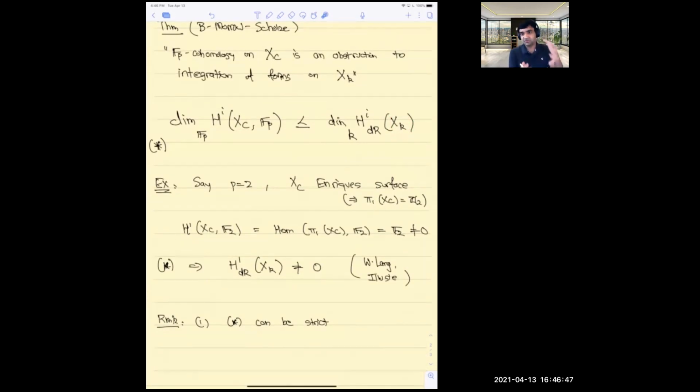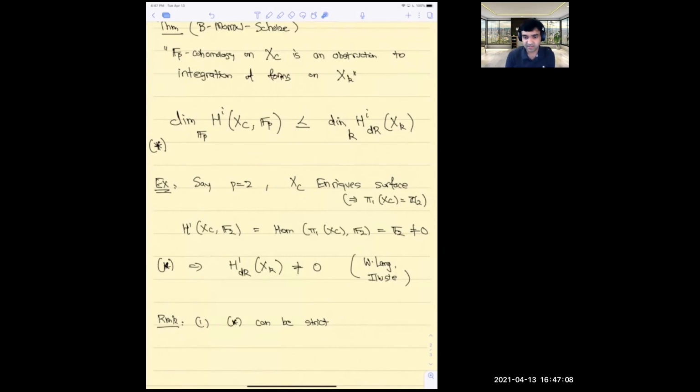There could be tons of different equations in characteristic 0 that reduce to the same equation mod p. So there are lots of different X_C that give you the same X_K. There's no reason that the different X_C in characteristic 0 need to have the same cohomology just because they have the same partner in characteristic p. And that's in fact what happens.